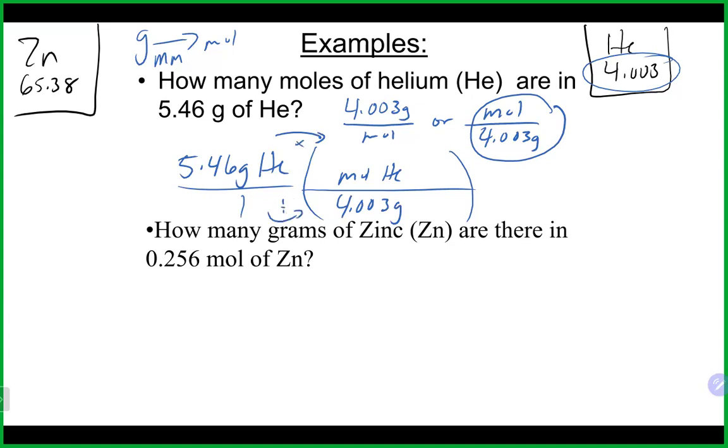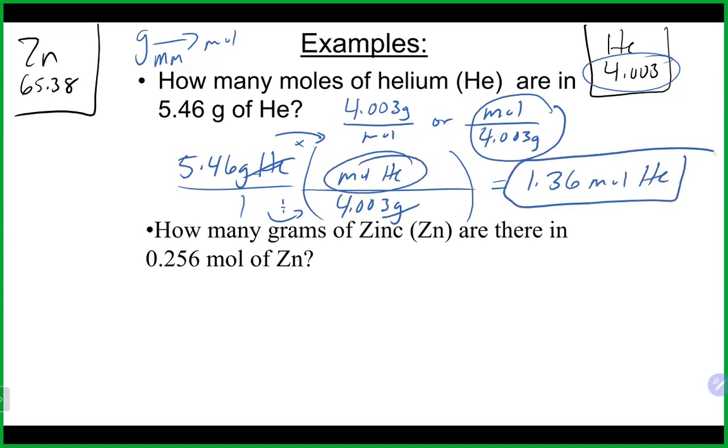Multiply the top, divide the bottom here. So we're basically going to divide 5.46 by 4.003. And that's going to get us a 1.36. Again, the grams will cancel. Moles will be left over as our units. 3 sig figs based off the original number in this case. Any question on that calculation?